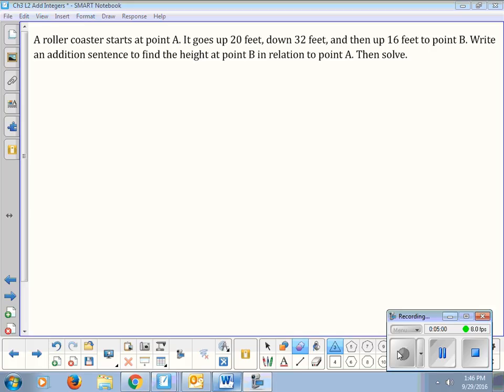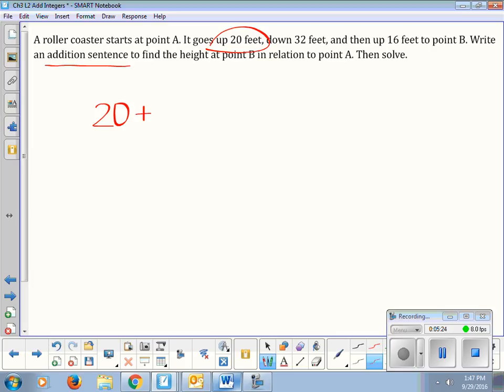Okay, for our next question, we have a roller coaster that starts at point A. It goes up 20 feet, down 32 feet, and then up 16 feet to point B. Write and solve an addition sentence to find the height at point B in relation to point A. How do we represent going up 20 feet as an integer? 20, and we want to add.